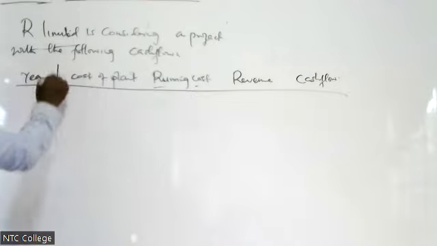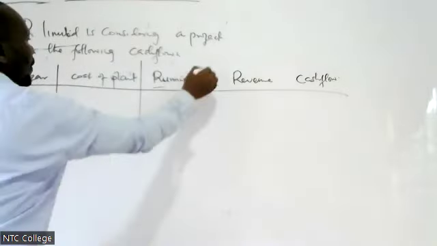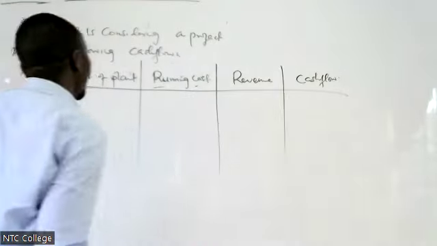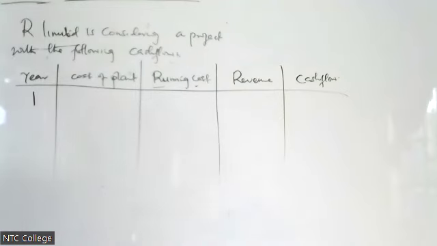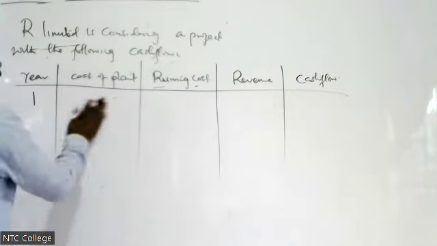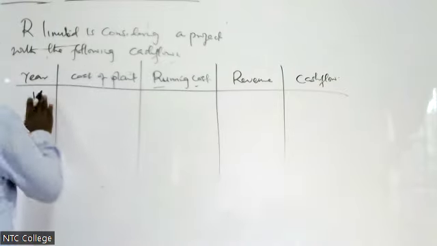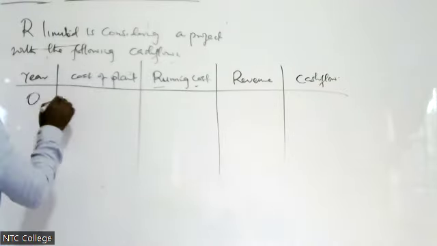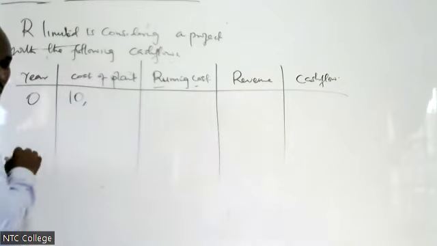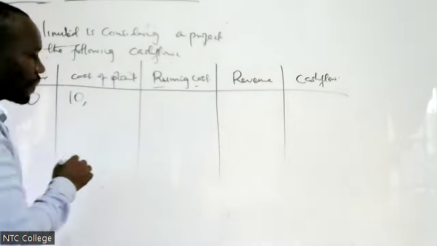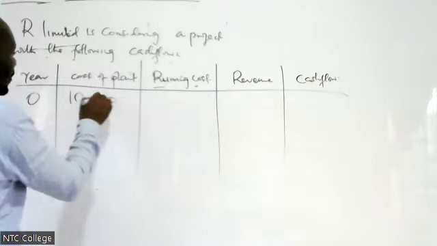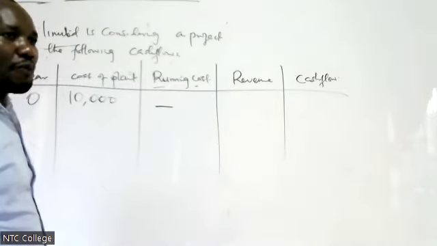So in year one, we bought the machine in year zero, actually. Before we start the operation, we bought it at 10,000. In that year, there is no operation.